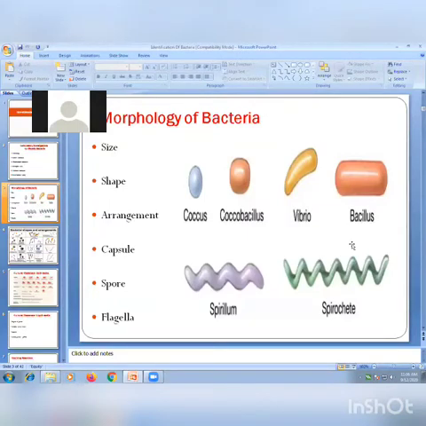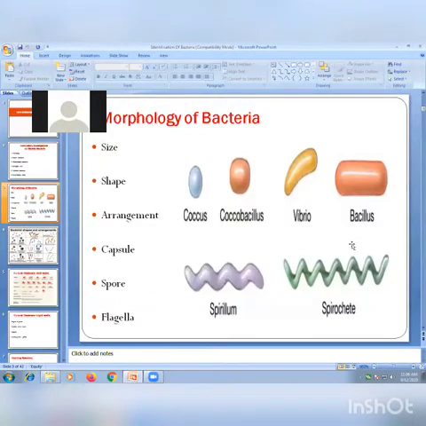Then after the shape, the next important morphological characteristic which is useful for identification is the arrangement of that bacteria. Few bacteria are arranged singly. If they are cocci, they may be arranged in pairs, called diplococci. If they are present in a chain, they are called streptococci. If the cocci are present in a group of 4, that is known as tetrads.